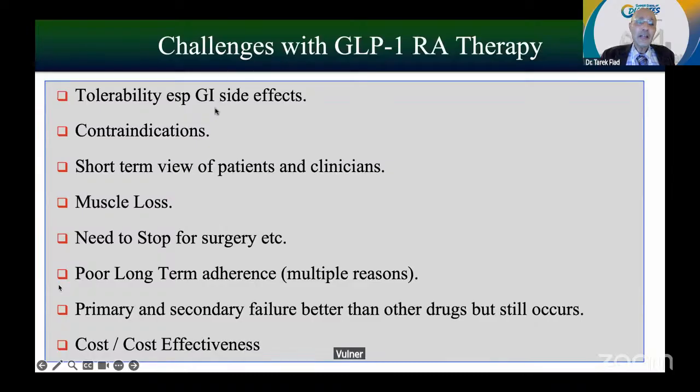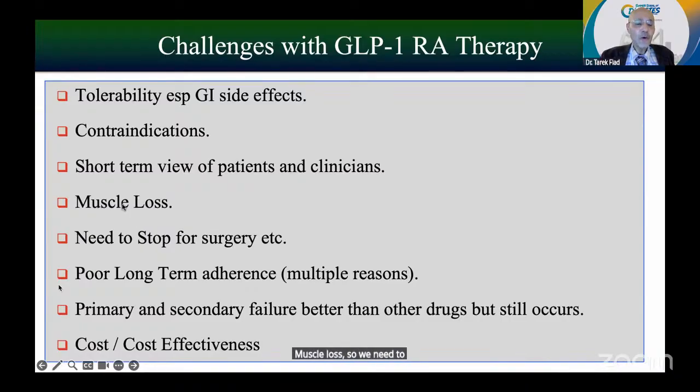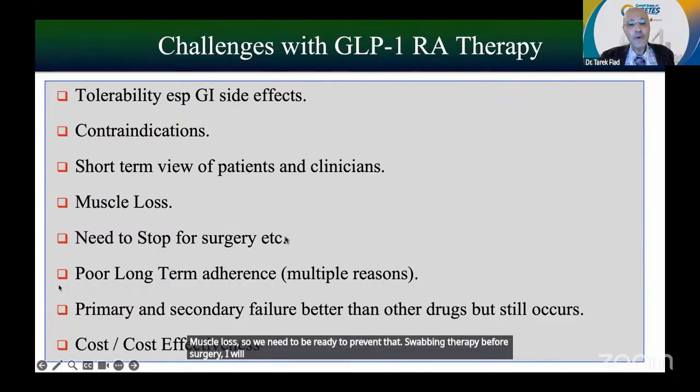Tolerability, there are challenges with tolerability, with contraindication. We need really to educate the patients. Muscle loss, so we need to be ready to prevent that. Stopping therapy before surgery, I will say stop food 24 hours, but don't stop the therapy.